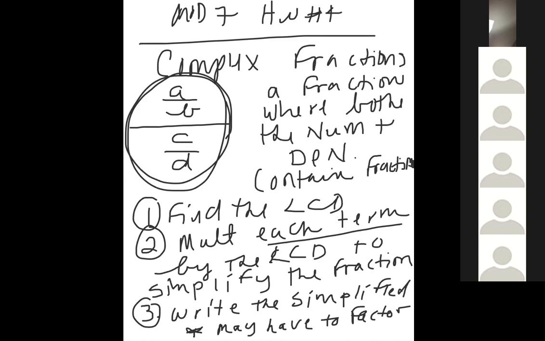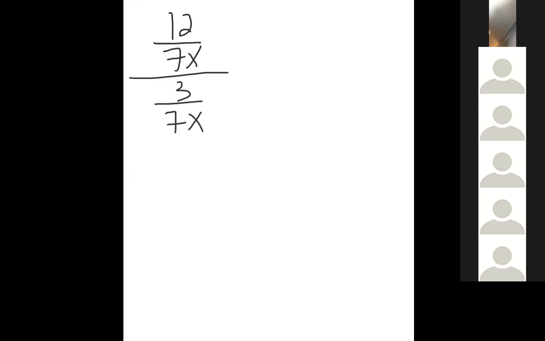So here comes the first example, guys: 12 over 7x divided by 3 over 7x. Now I'm going to work this out using the steps that I just gave you. The denominators, guys, are 7x and 7x.